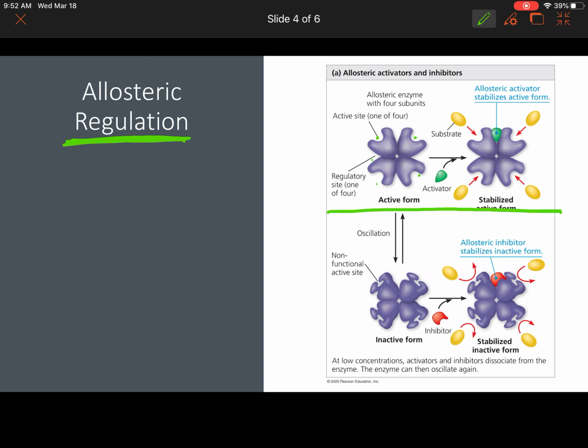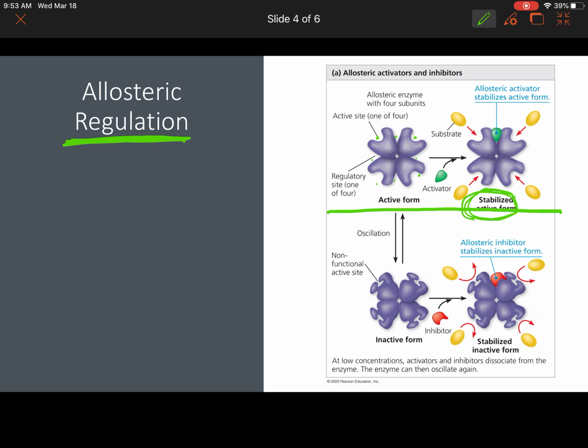And there's also regulatory or allosteric sites where activators can bind. So when an activator binds the allosteric site, it is essentially stabilizing the active form of the enzyme so that the substrates are more likely to bind.